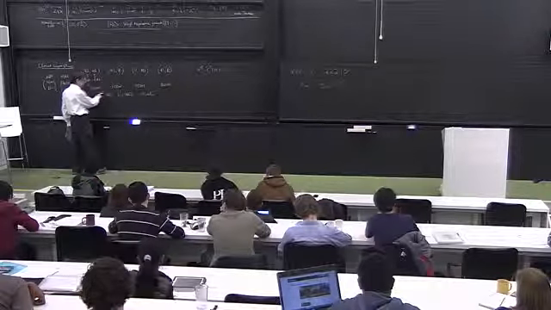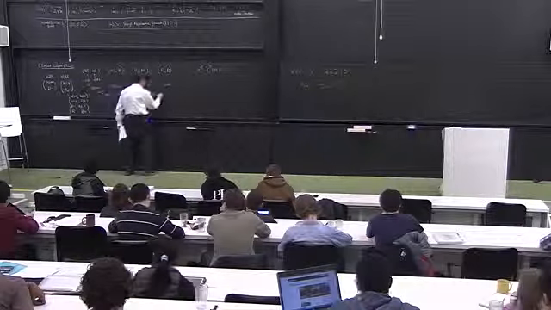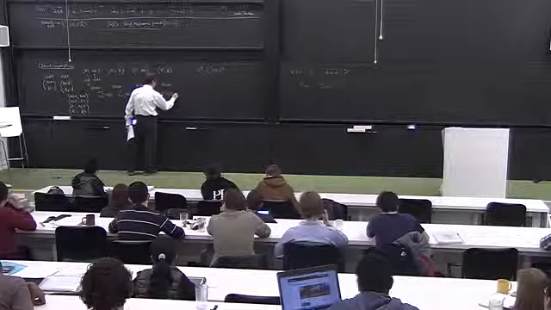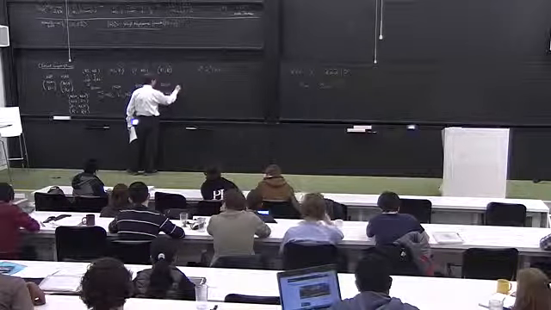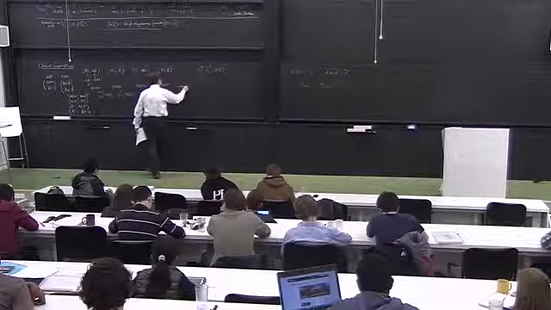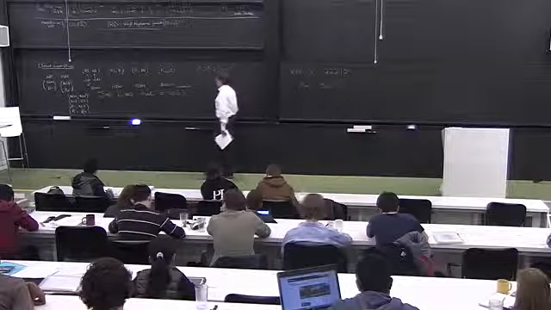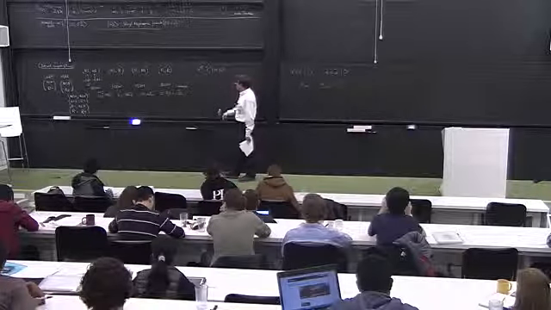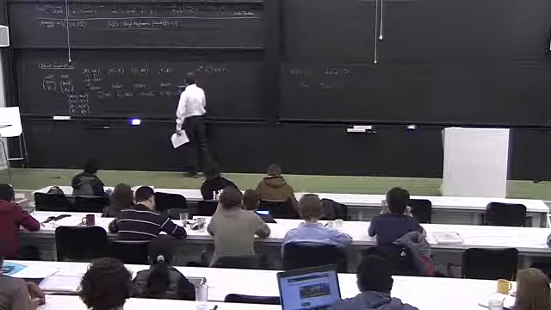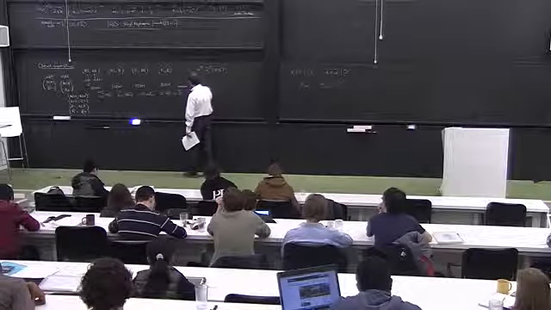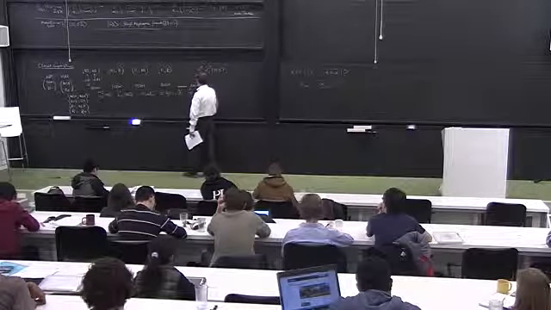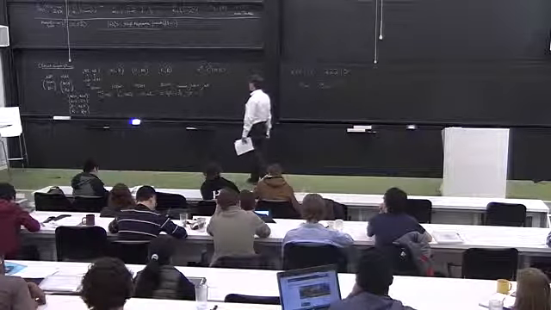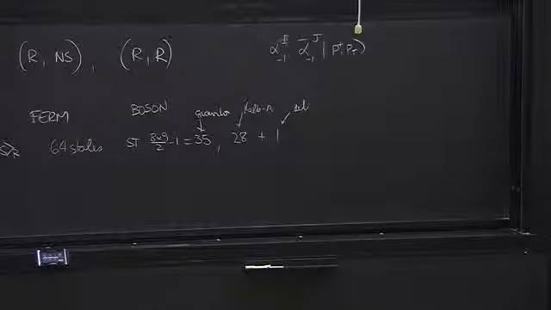This is 8 times 9 over 2 minus 1 equals 35 for a graviton. Antisymmetric is 8 times 7 over 2, 28 for a Kalb-Ramond. And 1 for a dilaton. And these better add up to 64. Do they? Yeah, they do.